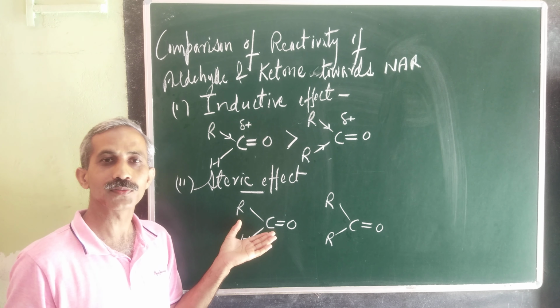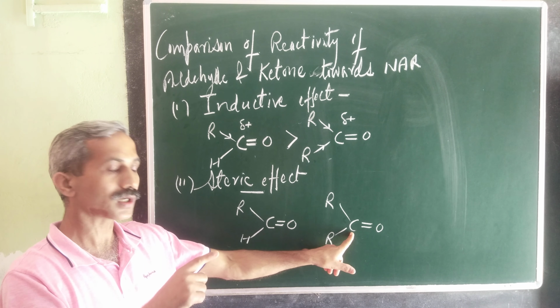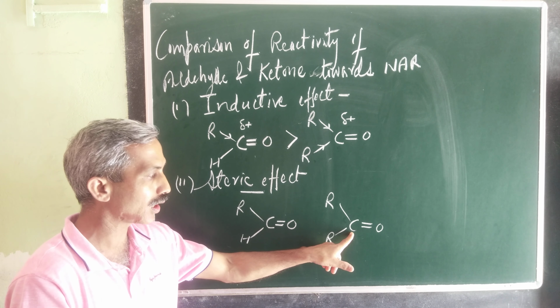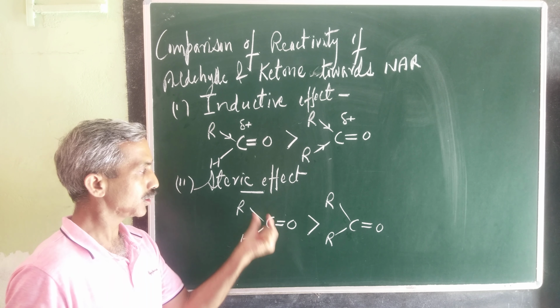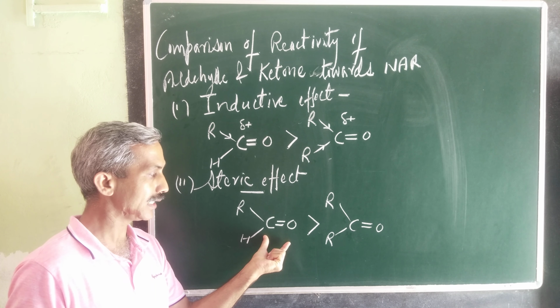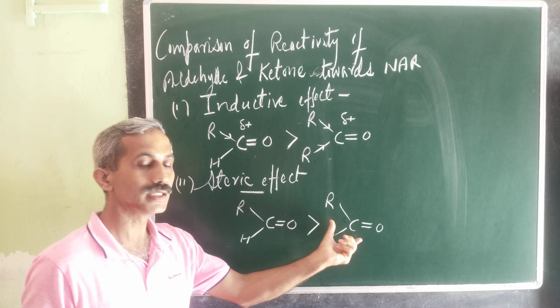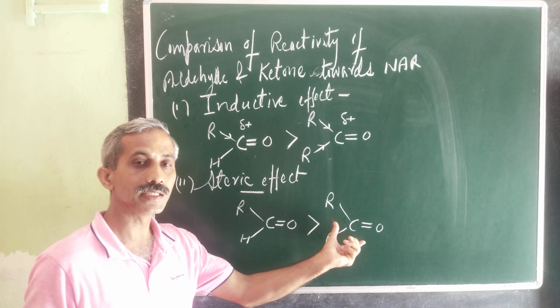So since at this carbon we have greater crowding, the chances of the attack of nucleophile on carbonyl carbon decreases, whereas in case of aldehyde the crowding is less and the nucleophile can easily approach the carbonyl carbon. Again we come to the conclusion that due to steric effect aldehyde is more reactive than ketone.